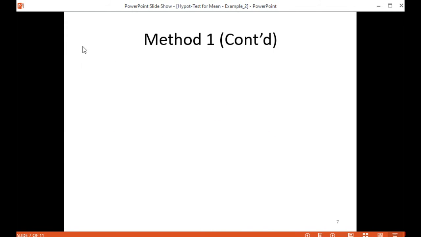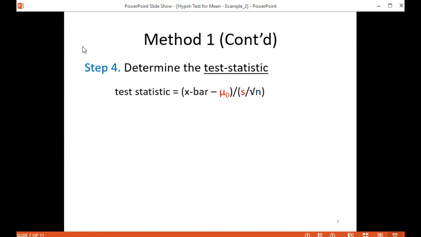So let's zoom out again, and now let's find the test statistic, which is equal to, like I just mentioned, x bar minus mu0 because you are finding how far away this new x bar is from the established mean. And you're going to divide by, normally you would divide by standard deviation, but here we don't use standard deviation, we use the standard error, and the standard error is s divided by the square root of n.